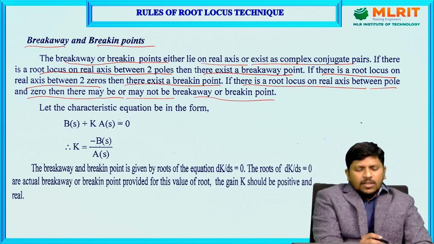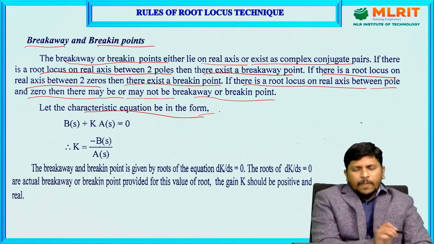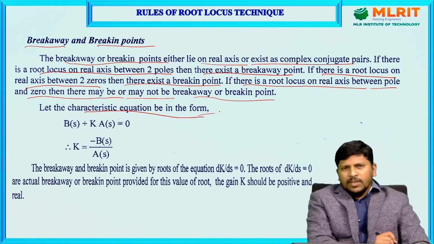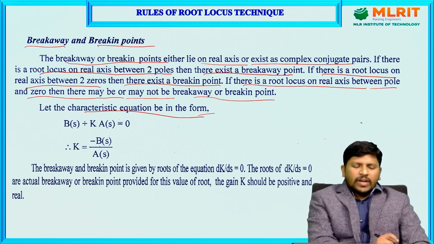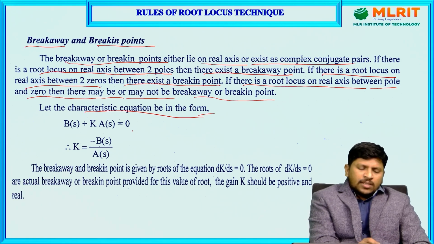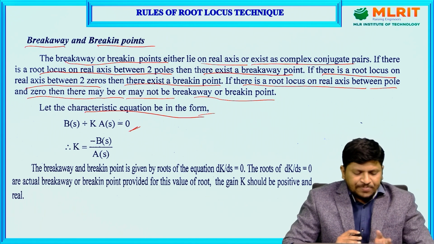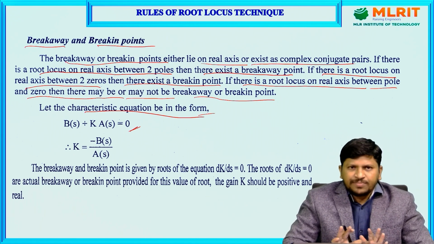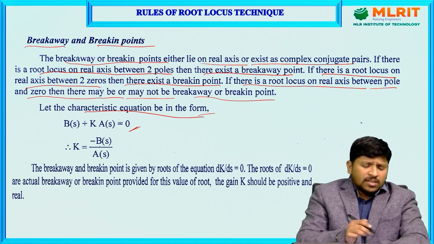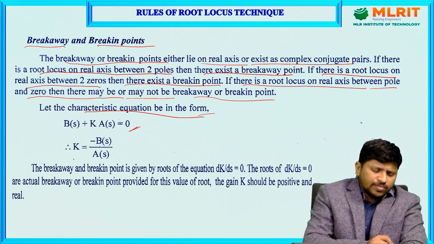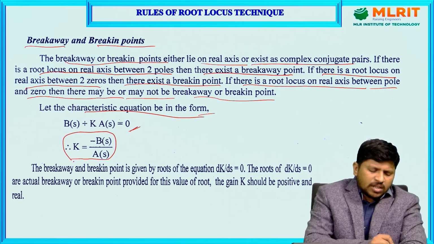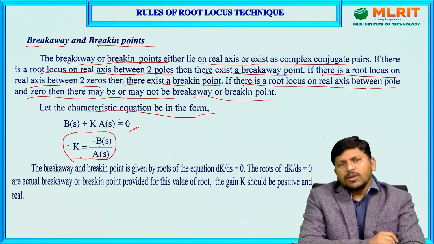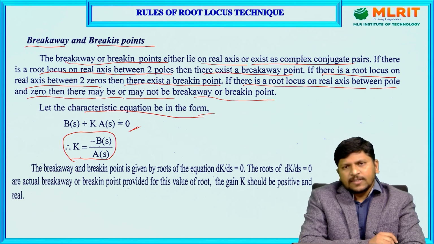So let the characteristic equation be in the form b of s plus k a of s equals 0. For example, this is the characteristic equation. From that we calculate the constant value k equals minus b of s divided by a of s.